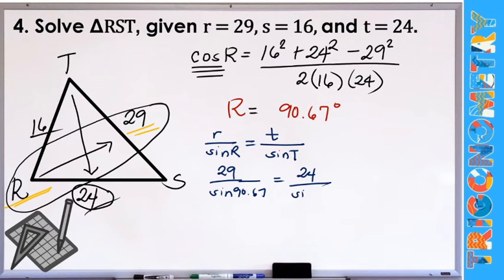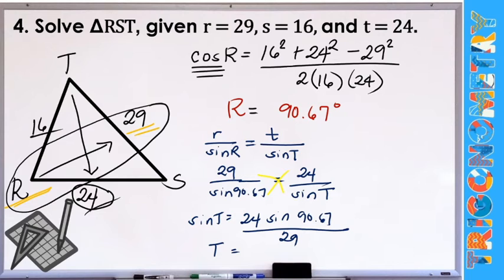And then we're going to look for angle T. By cross multiplication, we are going to have sine T is equal to 24 times sine 90.67 all over 29. So that means for our angle T, we're going to get again the inverse function.